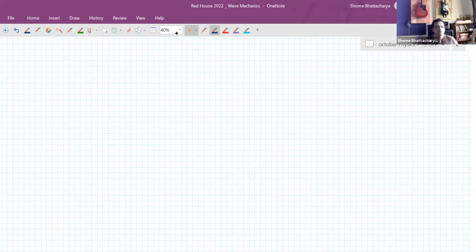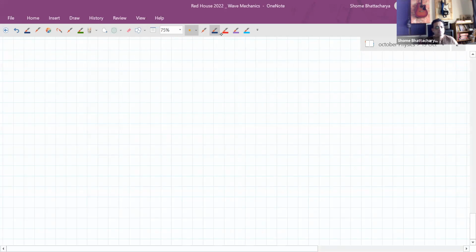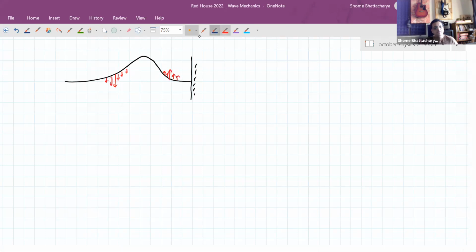Okay, so now as the pulse reflects, let's try to understand how this energy redistributes itself. Instead of the propagation going in the forward direction, the propagation is in the backward direction. So you can see here that in this diagram there is a certain amount of kinetic energy carried by these parts, and there is a certain amount of elastic potential energy because this part is stretched.